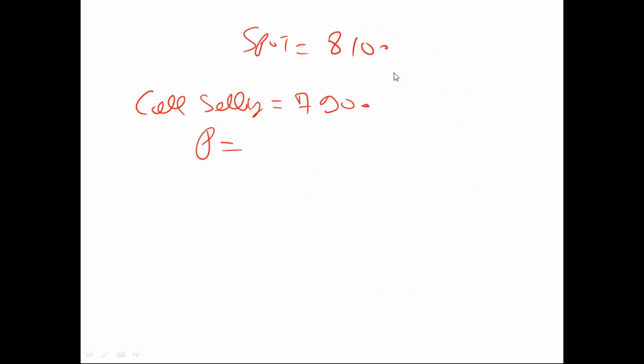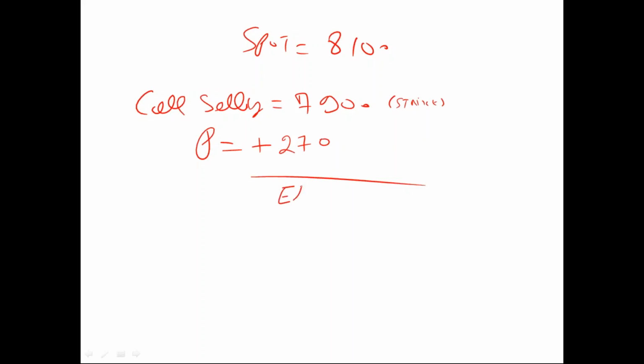So let's take another example. Spot price is 8100 and we're selling a call option at a strike price of 7900. The premium you received was, let's say, 270. This is what happened in the beginning.